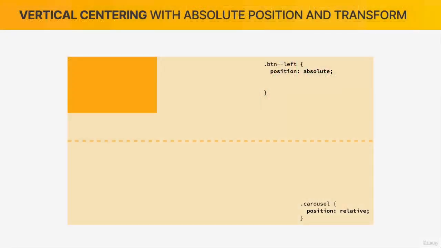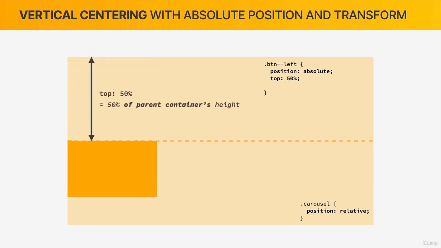So this is our starting position, where we have the carousel with the position set to relative and the button left with the position set to absolute, right? And so now, as we just did, we set the top position to 50%. And so what that does is to move this element by exactly 50% of the parent container's height. All right.